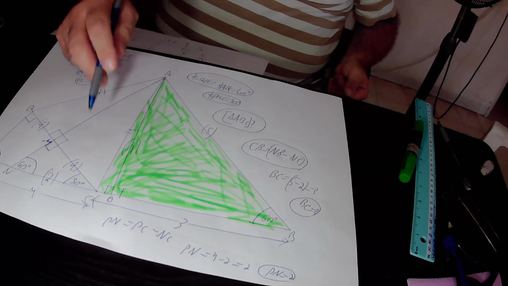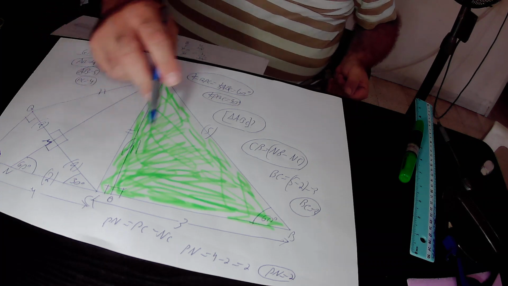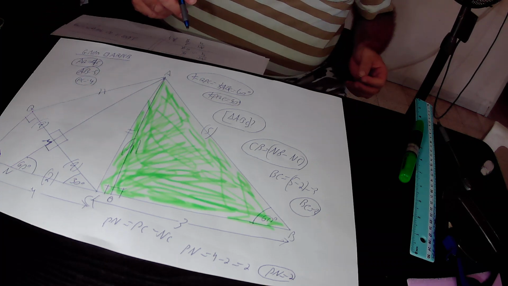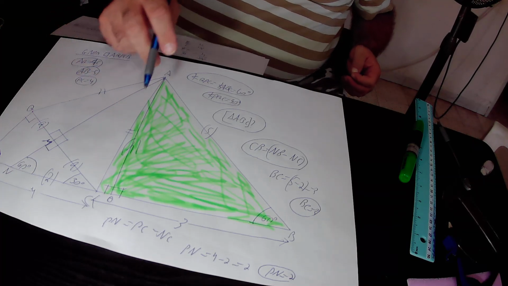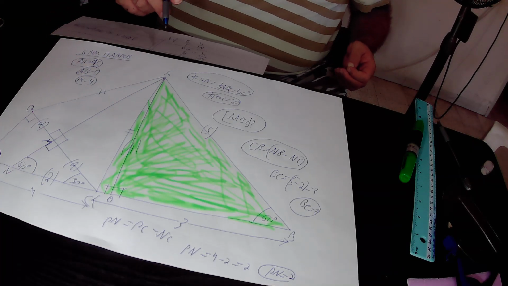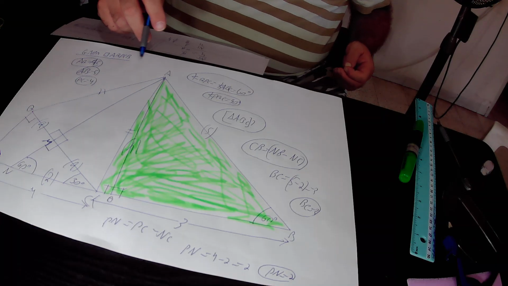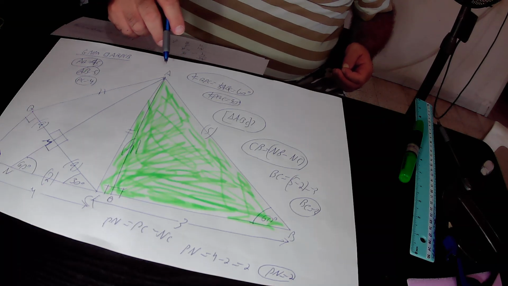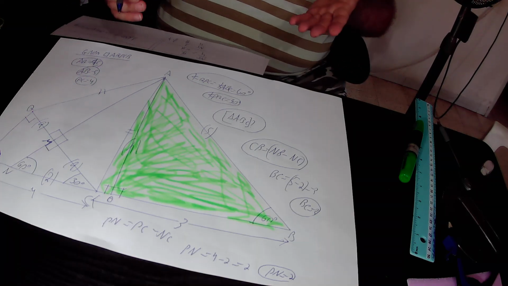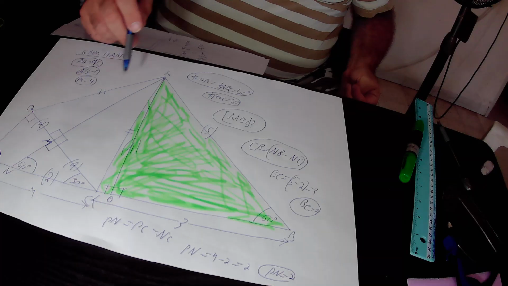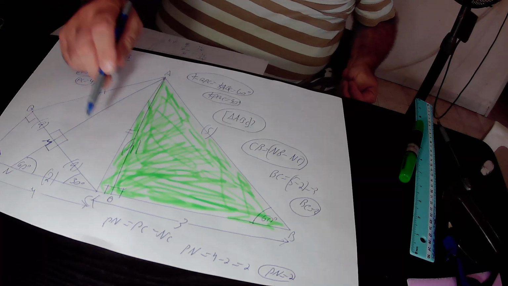QC is the base of the isosceles triangle AQC. So we drew a perpendicular AM to the base QC, and we have the rule that the perpendicular to the base of an isosceles triangle bisects the base. So according to this rule, the perpendicular AM bisects base QC.